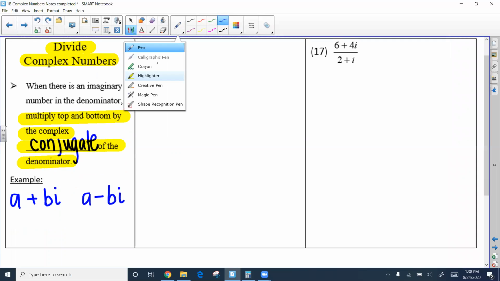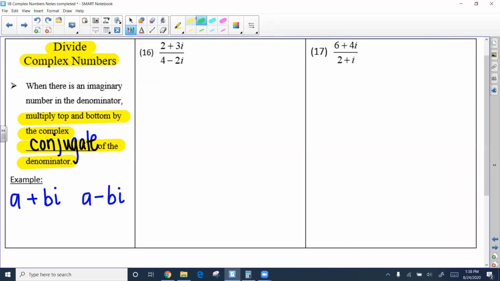So that's what we mean when we're talking about a conjugate. A plus bi and a minus bi are conjugates. Notice the a and the b, the numbers are the same, but there's the opposite sign in between. One has a plus and one has a minus.